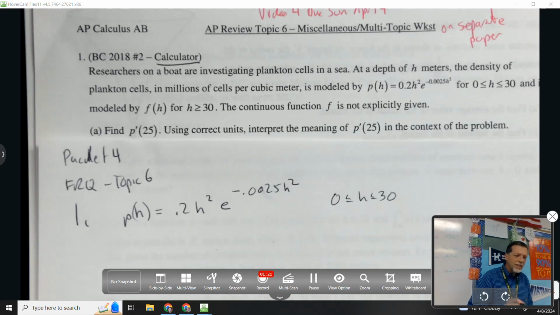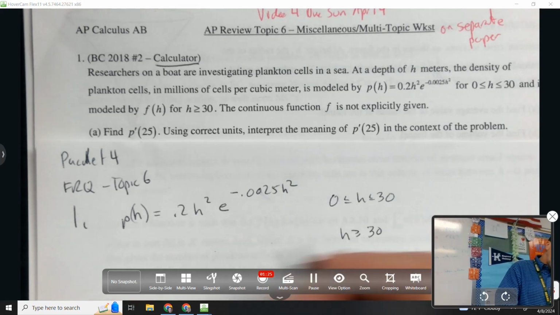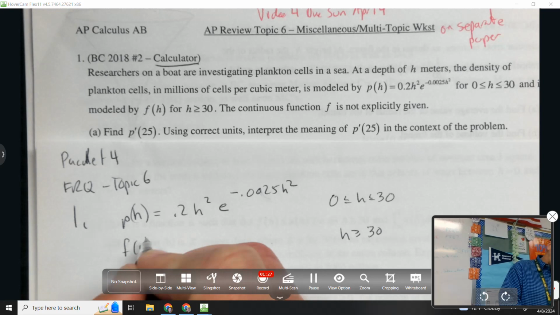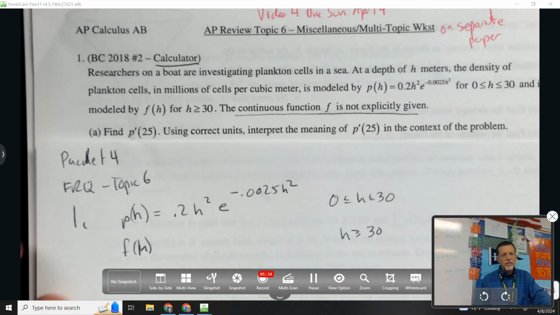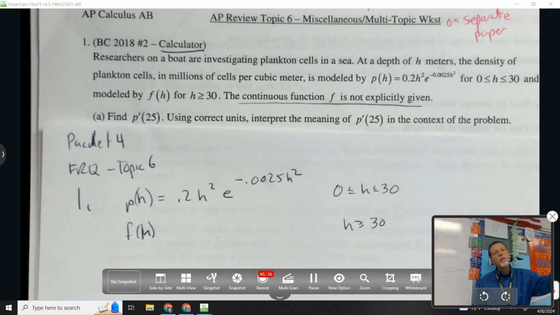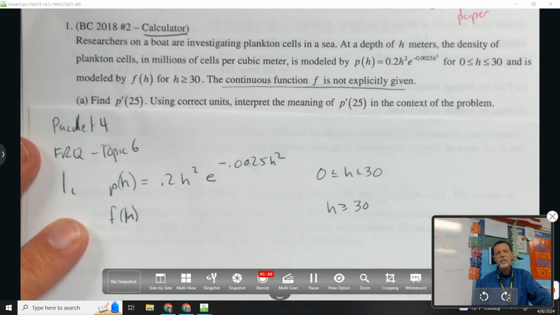For h greater than 30, it's f of h, but we don't know what f of h is. In fact, they take the time to tell us that. F is not explicitly given. We're not telling you what it is. It's just some function f that describes the density when you're past 30 meters.